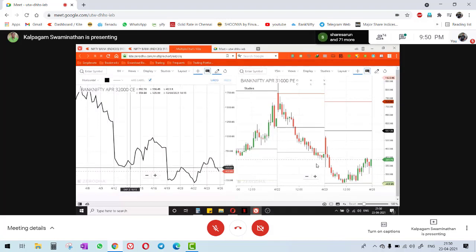So I had a support here, I had a support here. It went beyond my support and then fell back. So even if you had exited at 588, it would have been a decent enough profit for you.